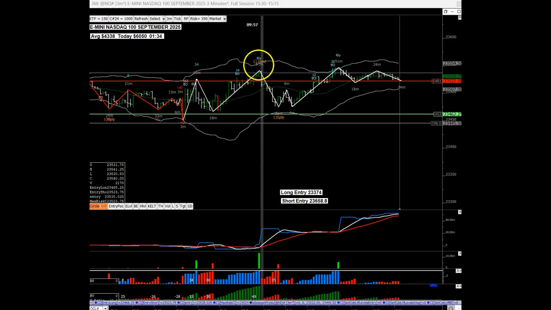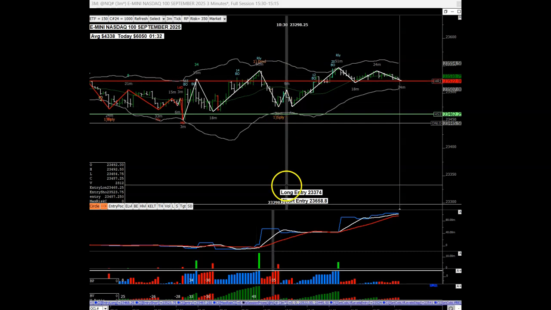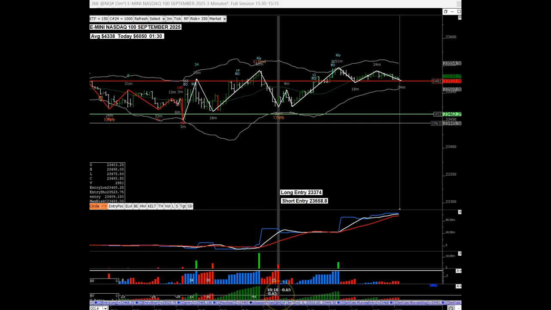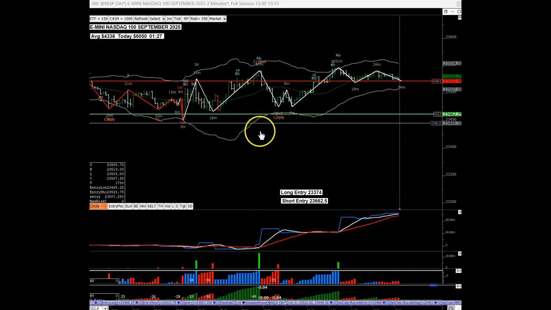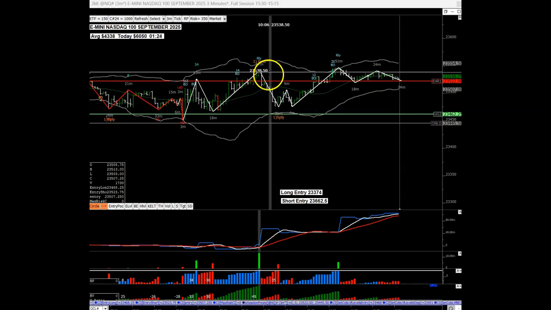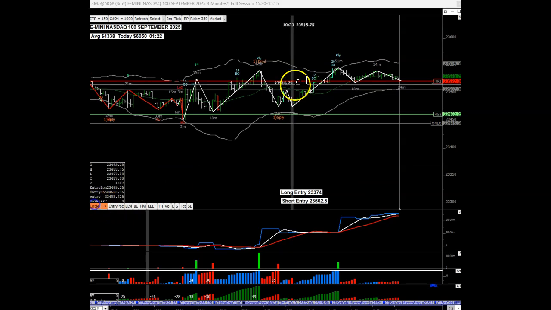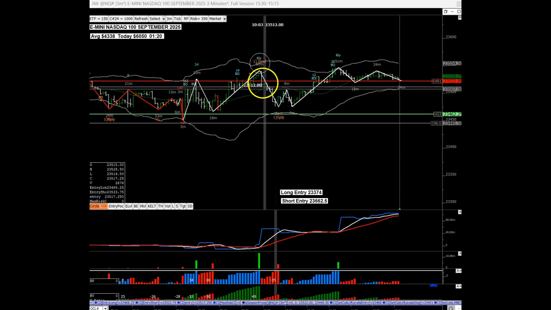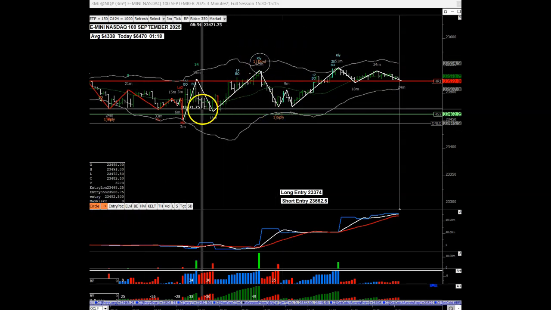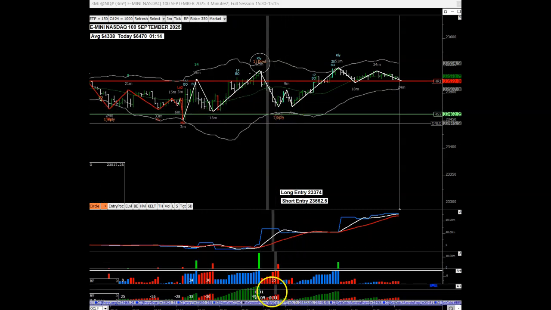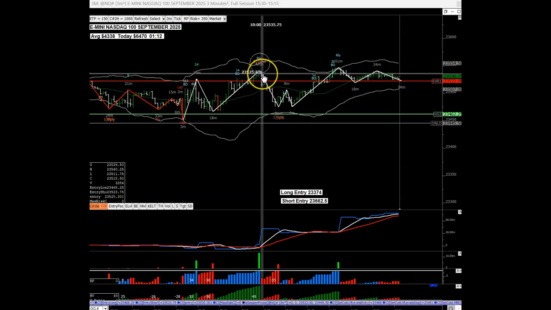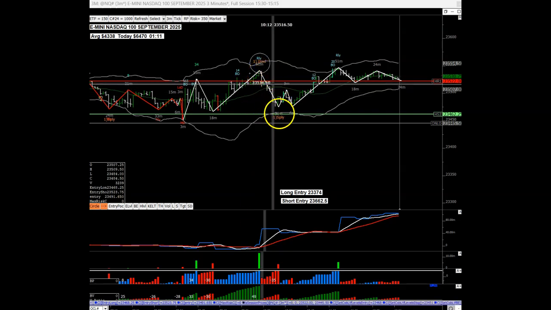So even though this is a significant price move down, it's not supported by volume that's greater than the prior green wave. This wave up had a lot of demand, and the wave down had supply, but it could not take this area out, and the volume relative to the green volume is significantly less.